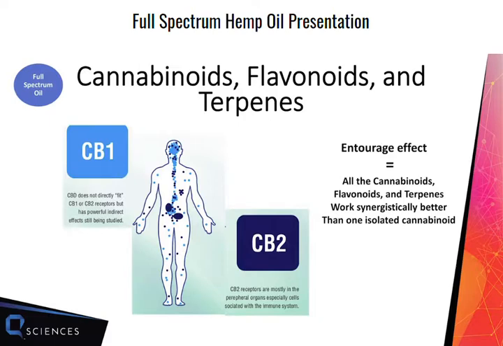The CB1 receptor sites are the ones that work on both the brain and the CNS, and that is why you get so many CNS effects with a full spectrum oil. The CB2 sites are primarily in the immune system, and when you get a full spectrum oil, it's working on both those sites.